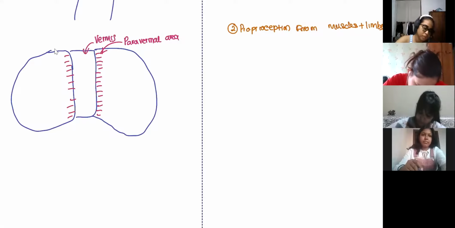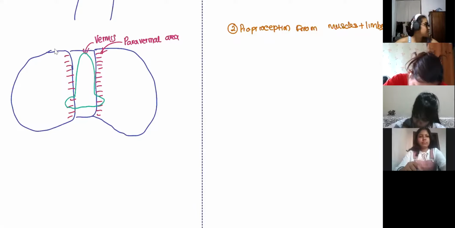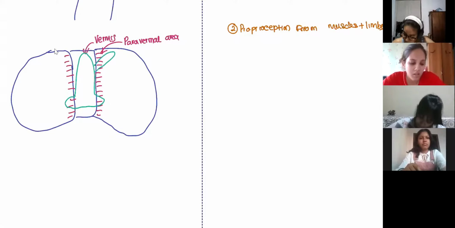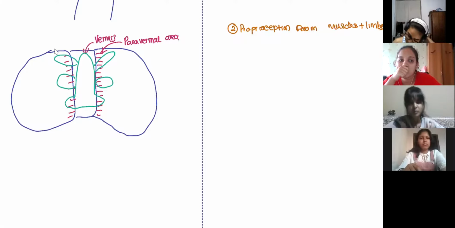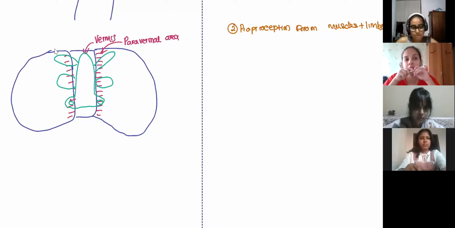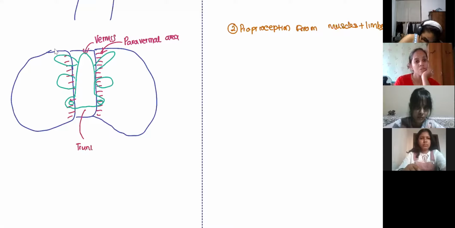Can someone tell me what will happen if there is going to be damage to the vermis area? Which muscles will be affected? Trunk muscle. Yes, the muscles of the trunk, neck downwards. So if there is damage to the muscles of the trunk, it is called trunk ataxia.